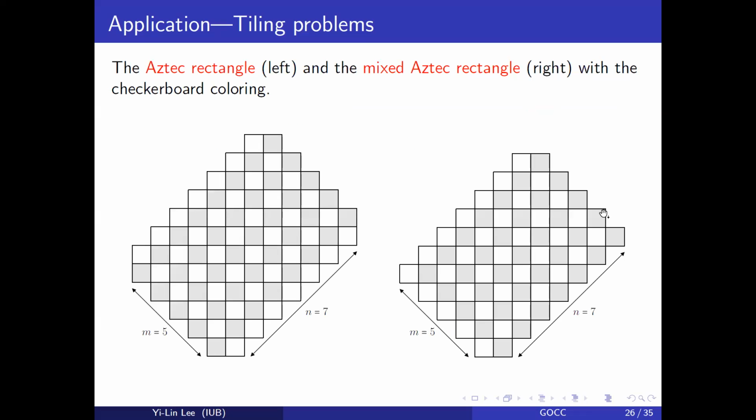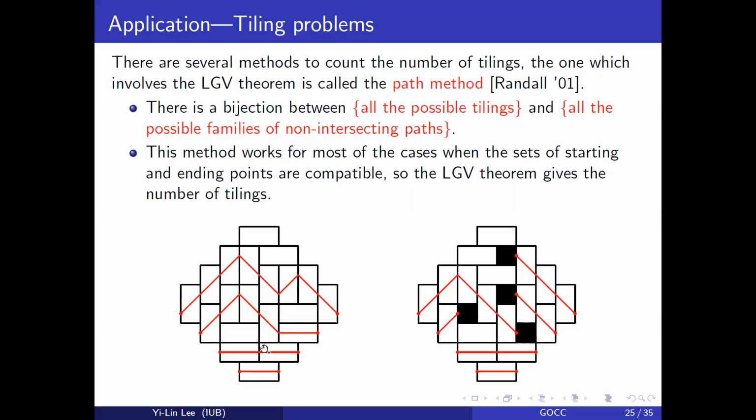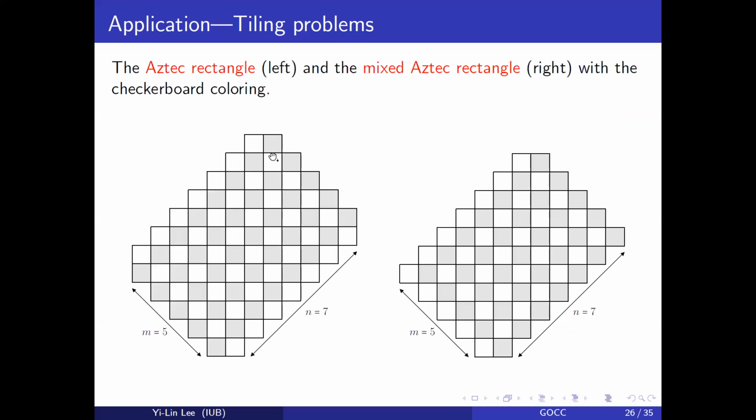Let me talk about one natural generalization of the Aztec diamond, which is called the Aztec rectangle. In the previous picture, for the Aztec diamond region, the four sides have the same length. For the Aztec rectangle, we just need to have unequal lengths. Here we also colored the unit squares in a checkerboard coloring fashion.